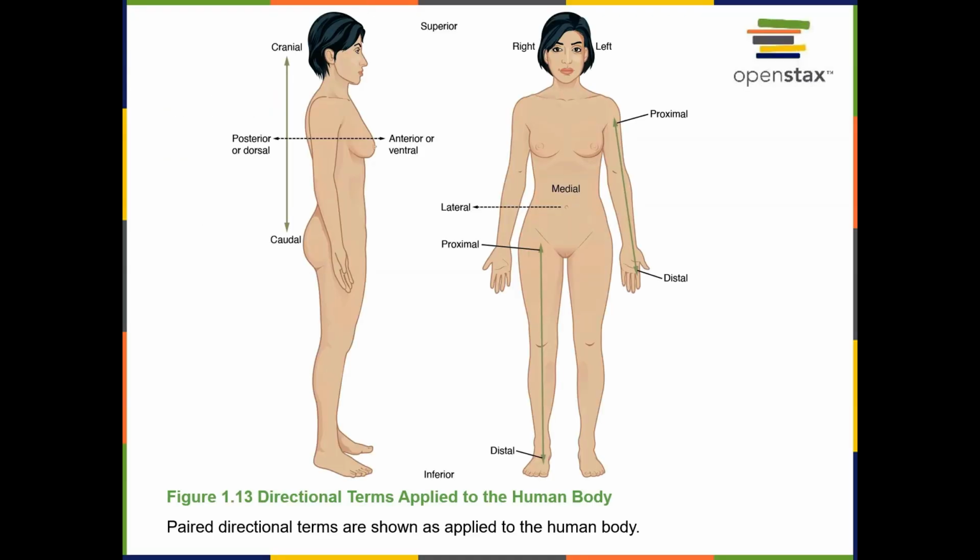This illustration shows us the directional coordinate terms that are used to describe the relative position of structures in the body. This directional coordinate system is similar to the coordinate system that you're familiar with for describing the location on our planet, like north, south, east, and west.